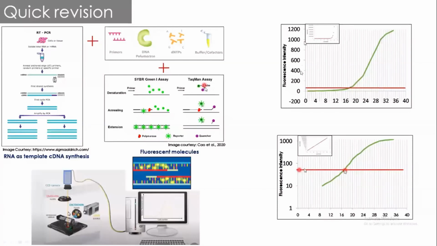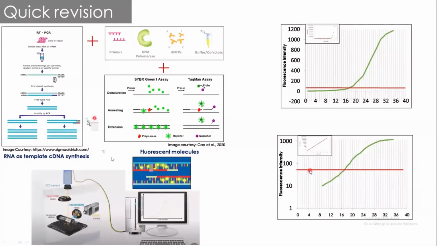So what is this threshold value? It is the cycle number where the fluorescent intensity reaches a threshold value. It means that it is subtracting all the baseline fluorescence, and it is visible and increasing in a linear order in the exponential phase.